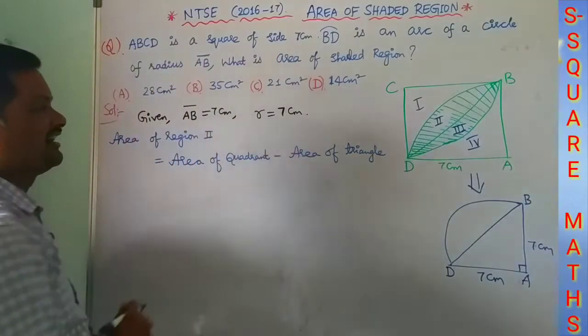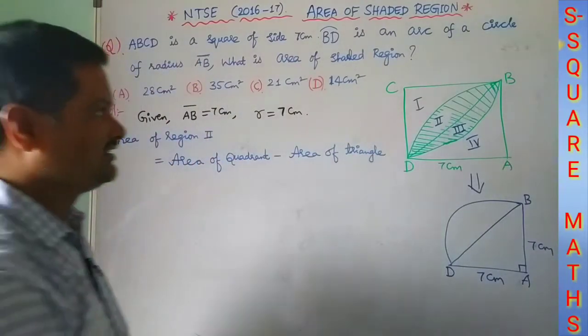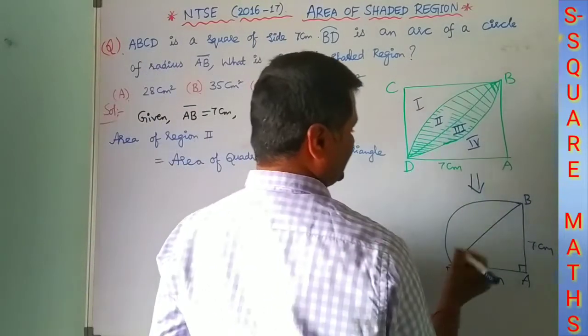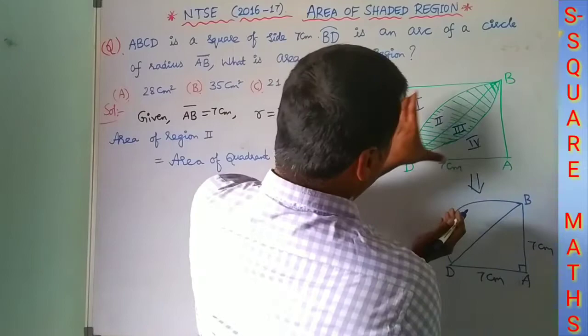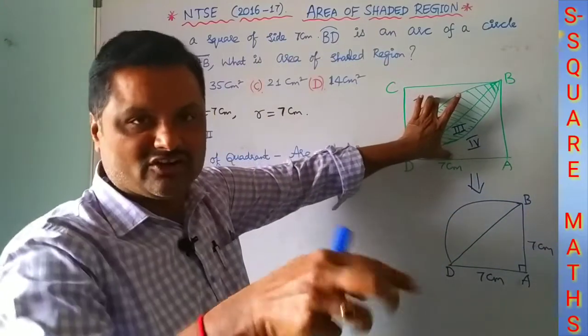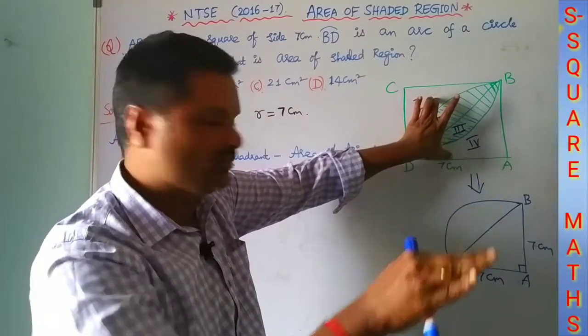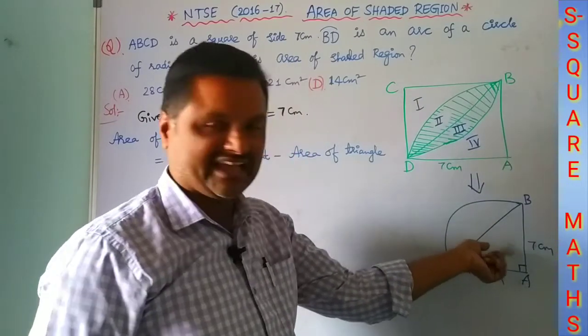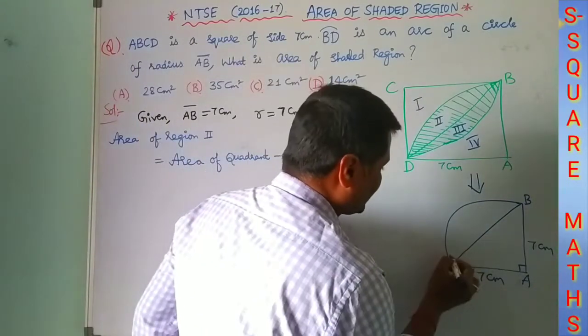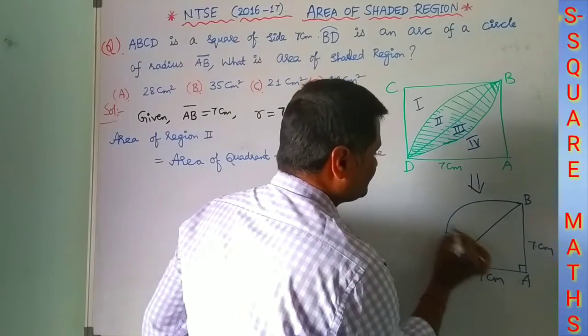So to get region 2, only this part, we have to find the total area of the quadrant and deduct the triangle region. Nothing but this is our shaded region, if you observe carefully.